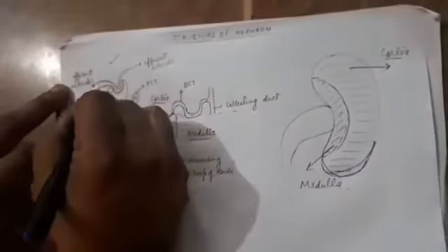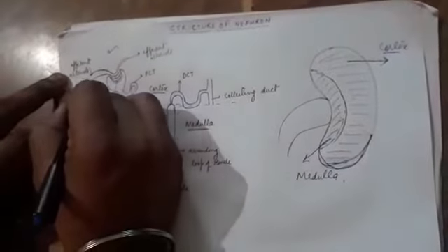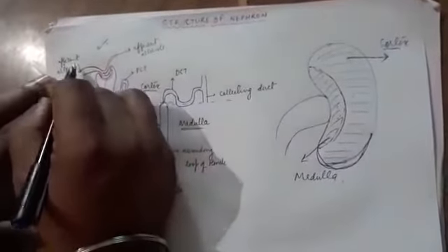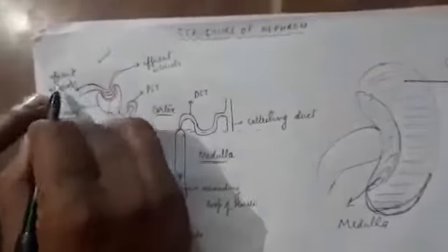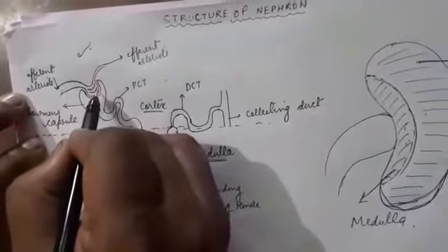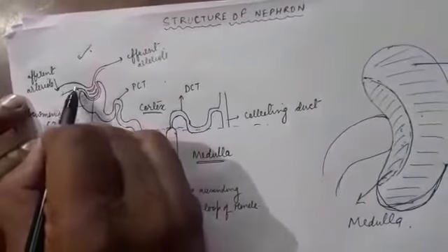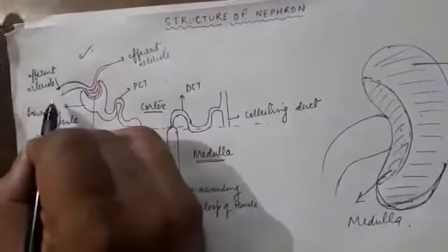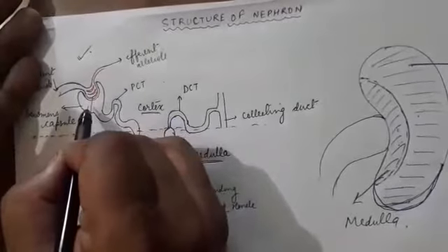The reason is that this arteriole, called the afferent arteriole, which is bringing the blood to the Bowman's capsule for filtration, is slightly broader because it has to bring lots of blood to the Bowman's capsule.